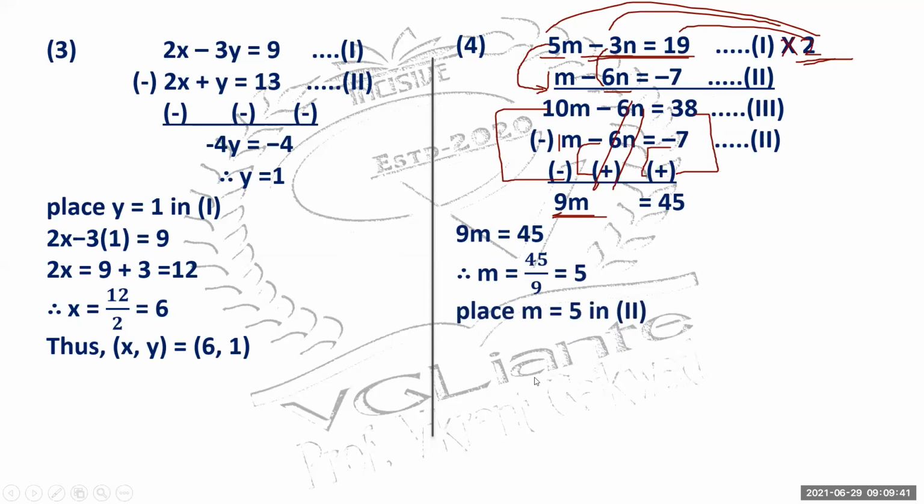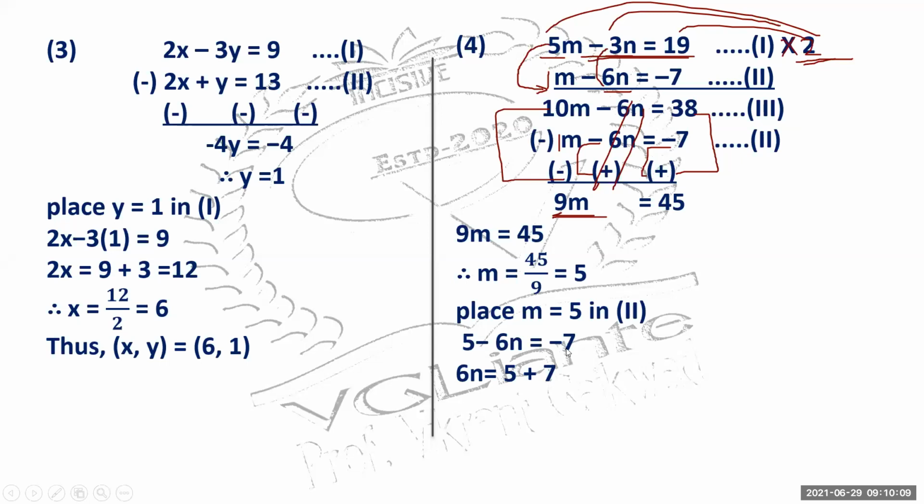We'll place the value of m equals to 5 in equation 2. You can substitute that in either of the equations, in equation 1 or in equation 2. So here we will substitute that in equation 2. So 5 minus 6n equals to minus 7.